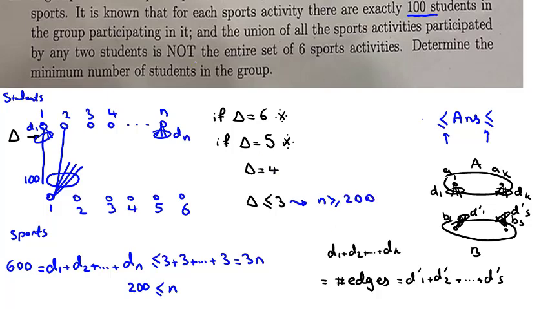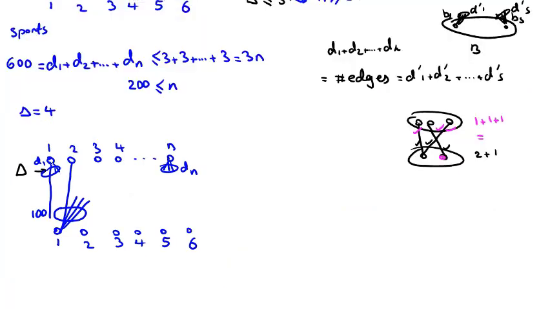If delta equals 4, let's consider that case. Without loss of generality, suppose that one is connected to 4 of them: 1, 2, 3, 4.